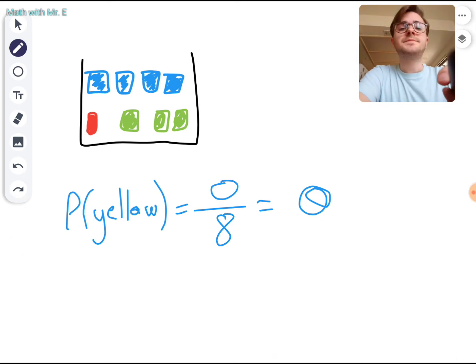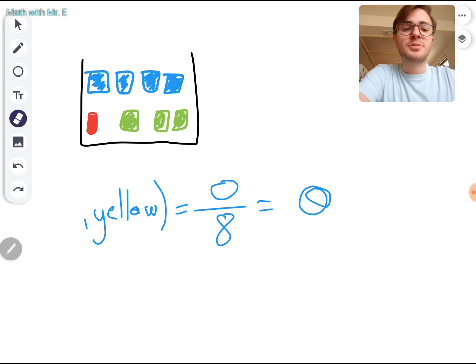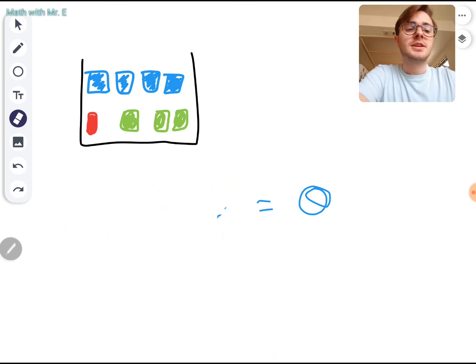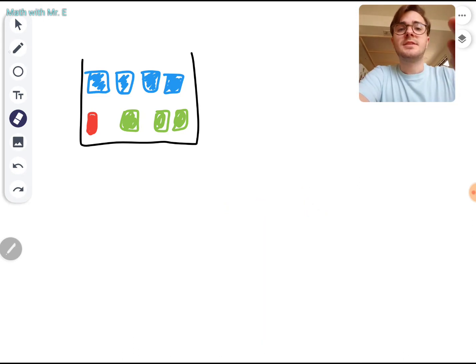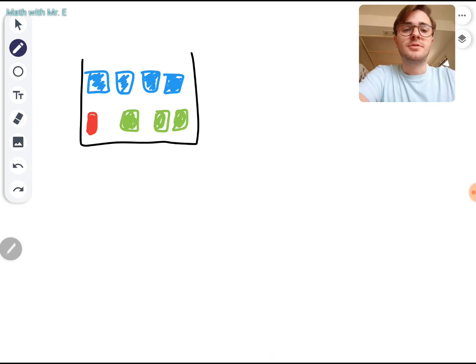Okay? Then we could do another one and say, what's the probability that I will pick a cube that is not pink? And again, if we look at this, none of these cubes are pink, so the probability that I would pick not pink would be 8 out of 8, right? So let's write not pink. This pen writes very slowly, I apologize.